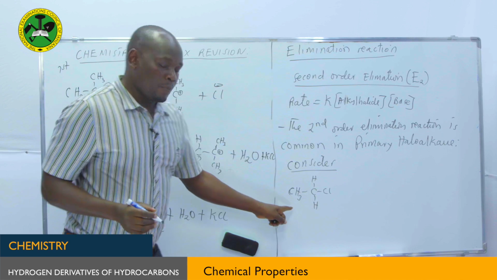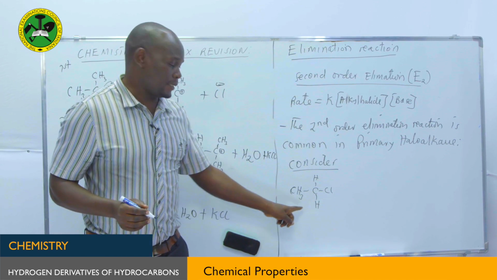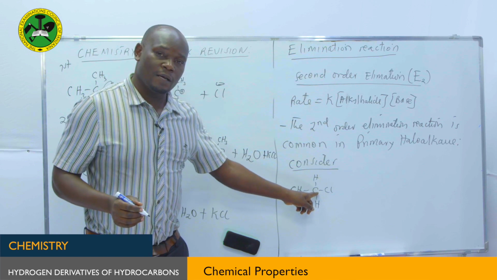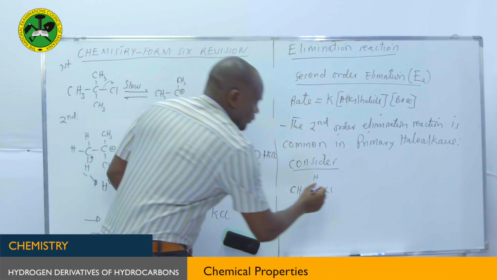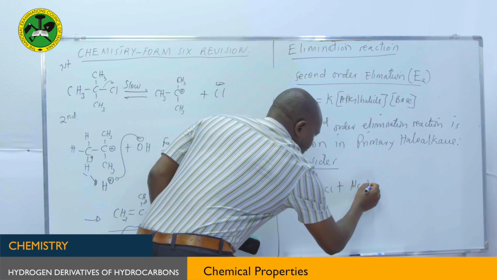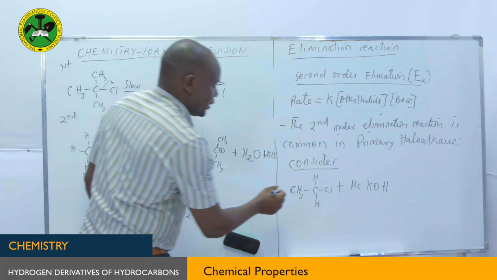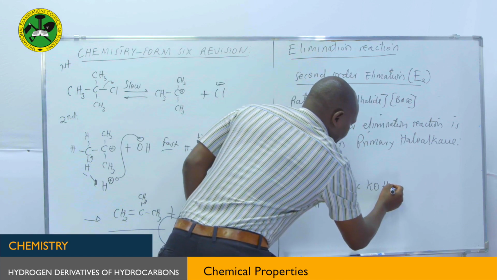This is our primary haloalkane because we have only one alkyl group attached to the alpha carbon.